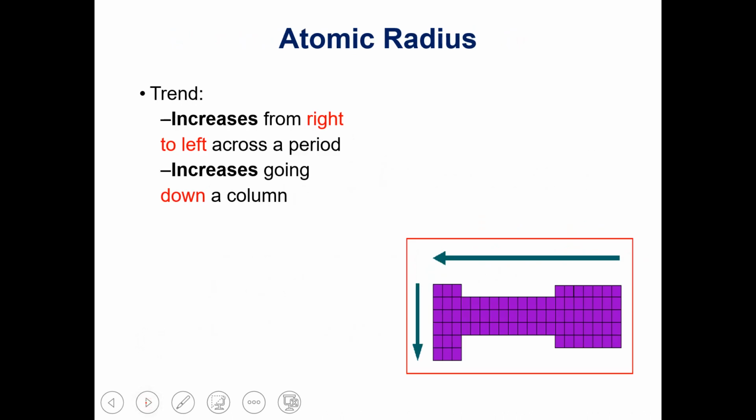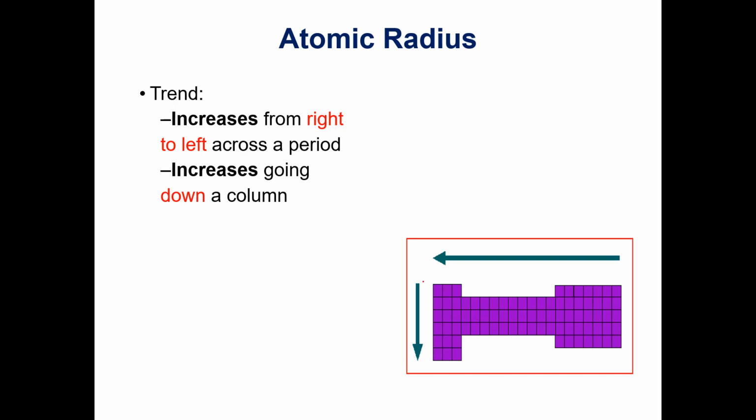Now, the easier way to remember this is to remember everything in the direction that it increases. So you can remember whichever way works for you. The way that I like to do it is remember the direction everything is increasing. And once we get through all these trends, I will show you why that way is helpful.